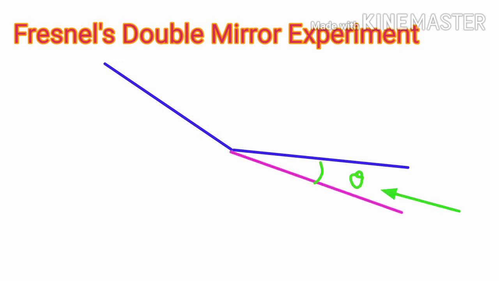It consists of two plane mirrors inclined to each other at a very small angle, theta. The mirrors are silvered on their front surface and are arranged at nearly 180 degrees such that their surfaces are nearly coplanar.